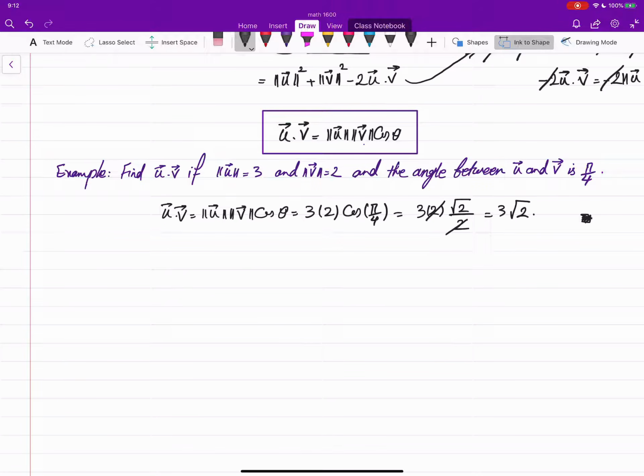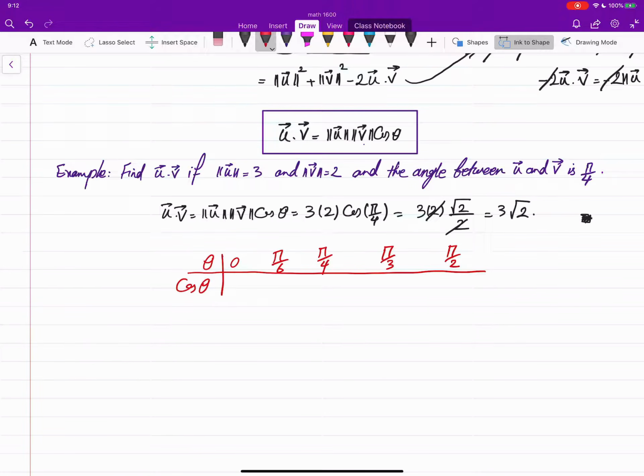Well, you may ask yourself, what kind of angles do I have to know cosine for? Well, this table has the main values for which you have to know the cosine. Theta: 0, pi over 6, which is 30 degrees, pi over 4, which is 45, pi over 3, and then pi over 2, which is 90 degrees.